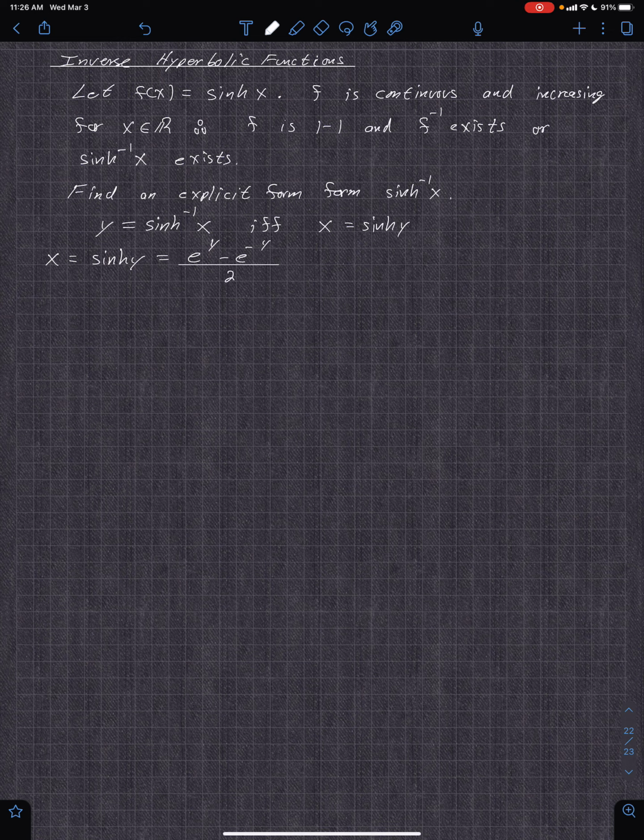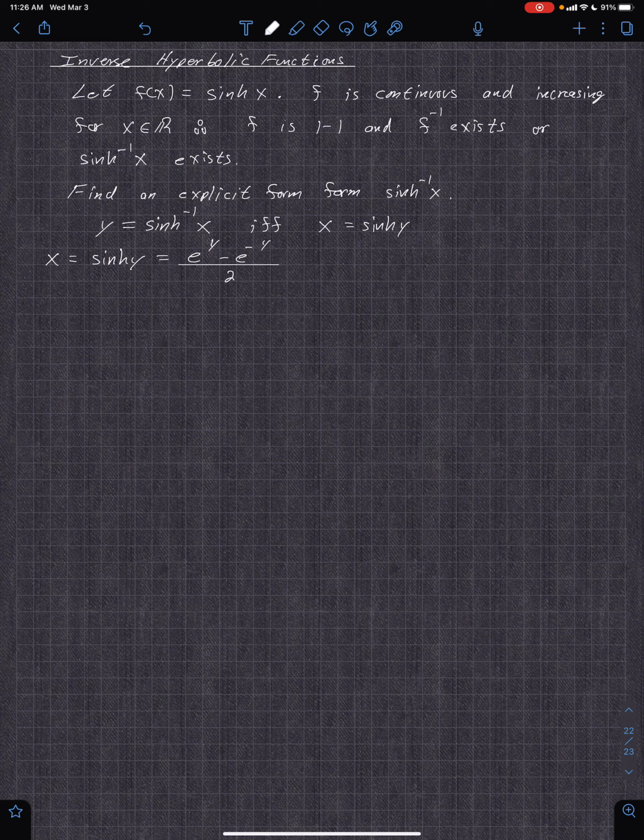What we're going to do is multiply both sides by e to the y, because that's a positive number, and you have an equation, so you can multiply both sides by whatever you want as long as it's non-zero. So we have e to the 2y minus 2x e to the y, and then this becomes just 1, so you have e to the y there, that adds to 0, and you get minus 1.